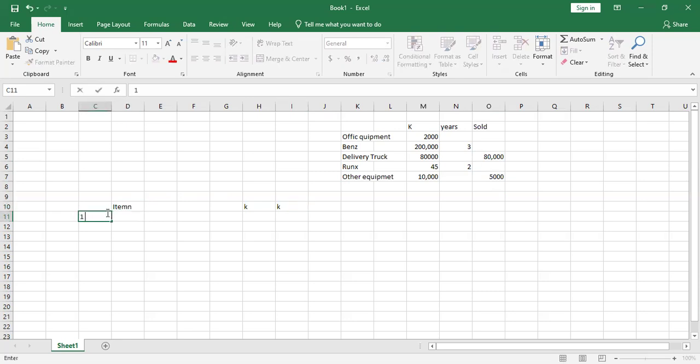The first item is office equipment. At the cost of how much? Not other equipment, but office equipment. So this is 2,000 here. You can see it.